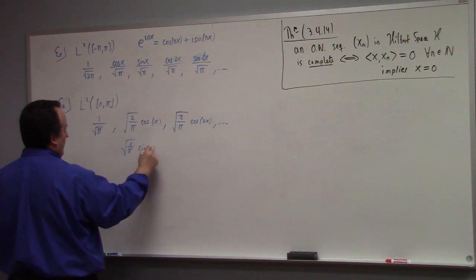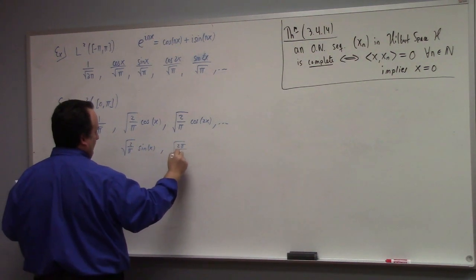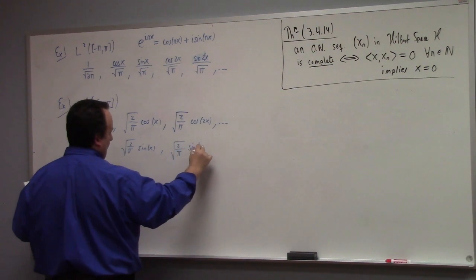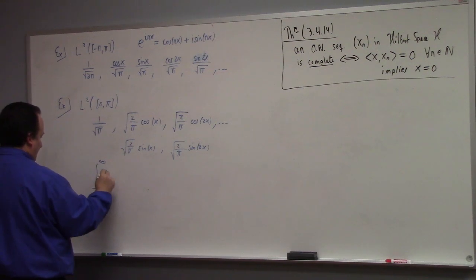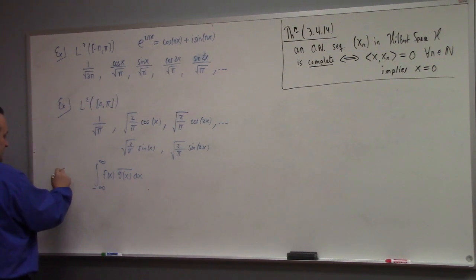L1 or L2? L2. The inner product is defined by the integral from minus infinity to infinity of f of x times the conjugate of g of x dx. So this is the inner product of f and g.